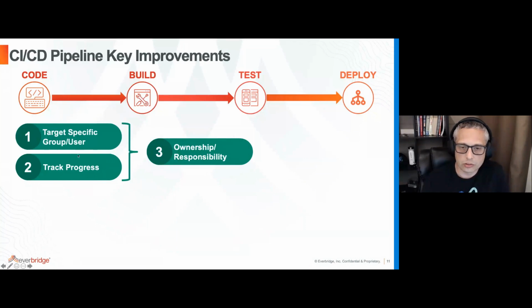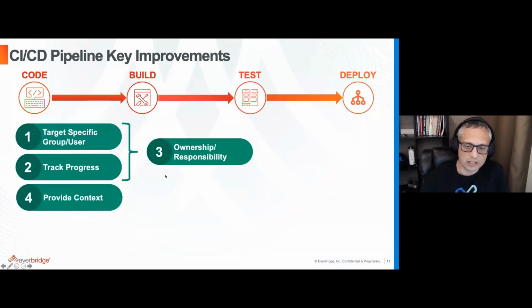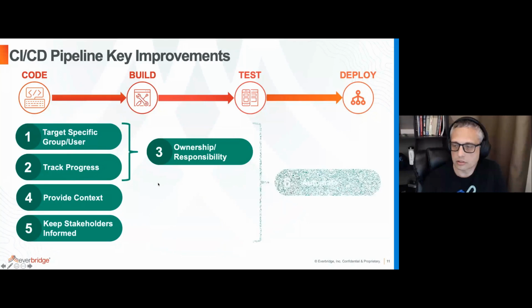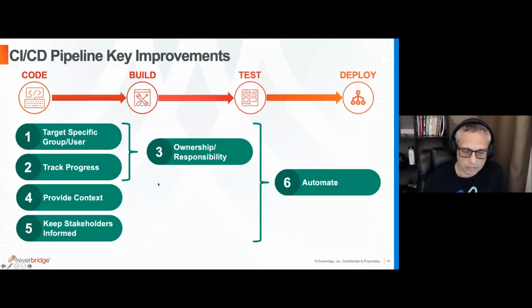Having both together helps us build ownership and responsibility. We want to provide as much context as possible. We want to keep our stakeholders informed. Again, this could be just our overall team, or people outside the team if we need to. And then, of course, automating.